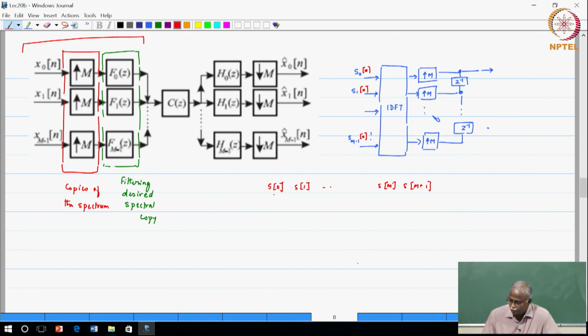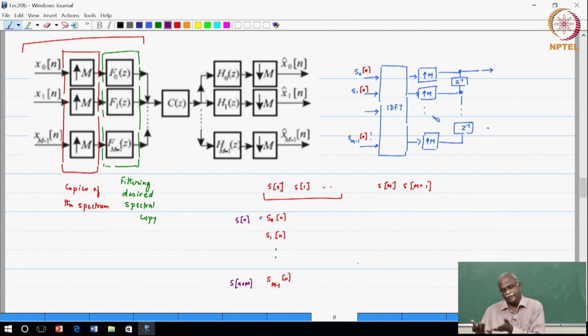Then you take portions of them, M vectors, and then you block it. So, in the general case we get S0 of n, S1 of n, SM-1 of n, okay, and basically if this corresponded to S of n, some index, this would have corresponded to S of n plus M. So, that would be the first vector and how it is formed.